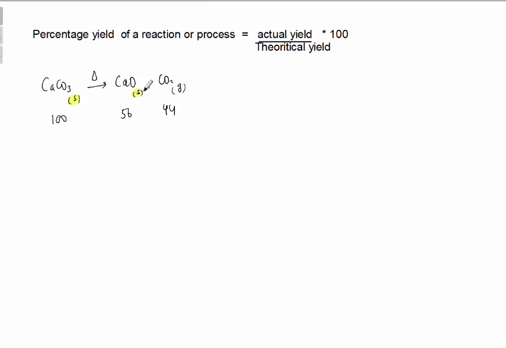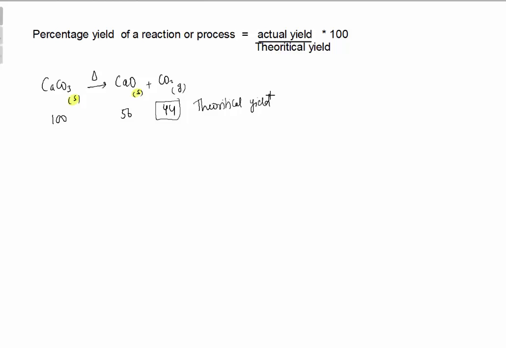Now, if we get 44 grams of CO2, this is called theoretical yield.